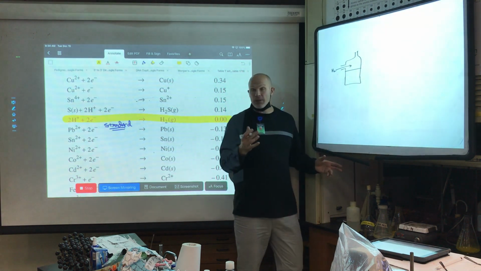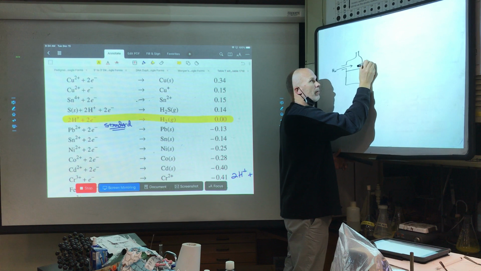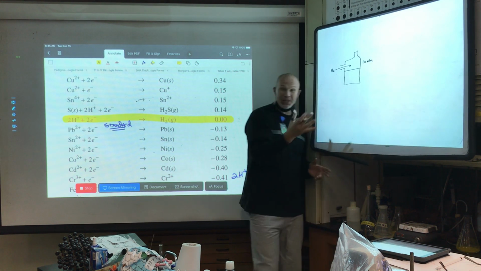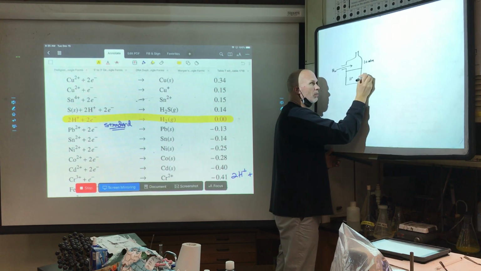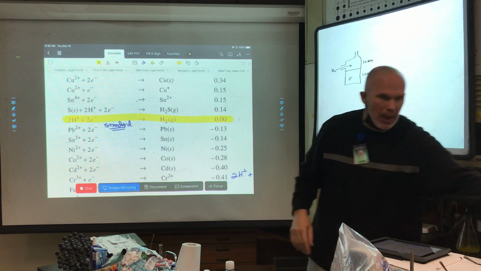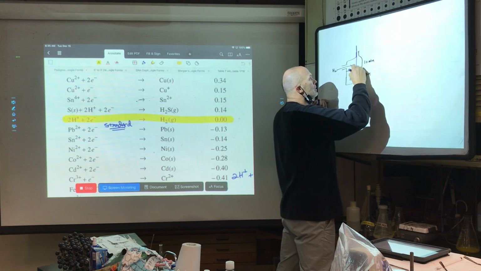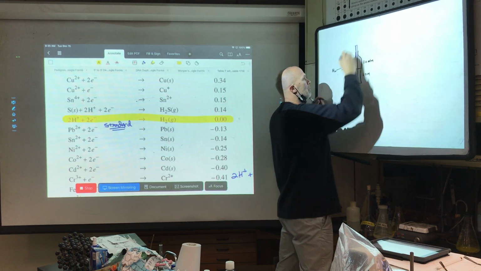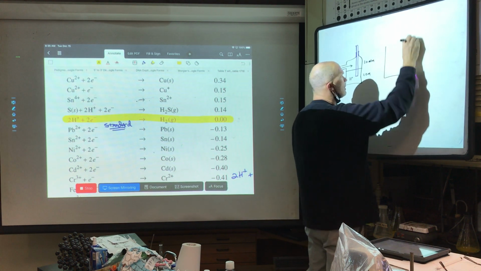And the pressure of the hydrogen gas is 1.0 atmosphere. These are standard conditions. And then I have H pluses in here, 1.0 molar, okay? Then I have a sealed electrode. And then over here is the test cell, okay?